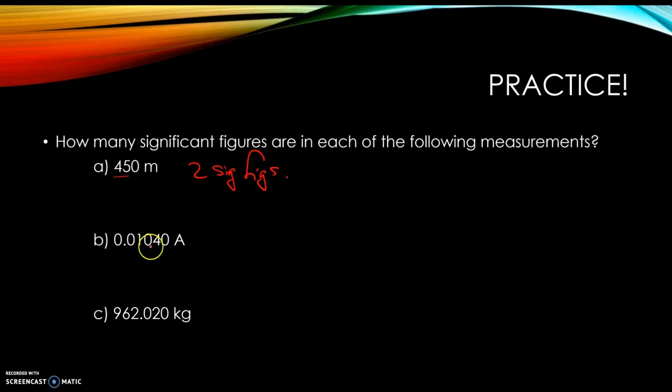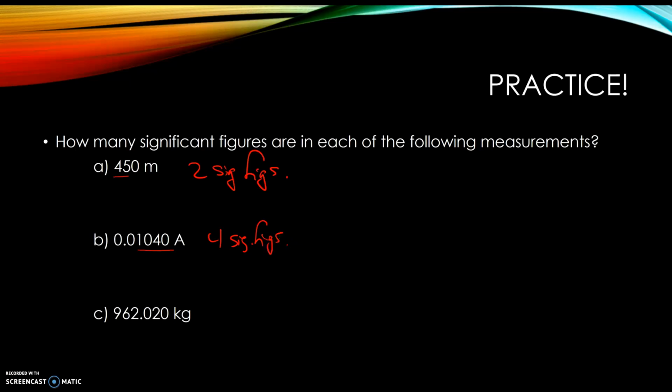This zero is in between two non-zero numbers, which are significant, so therefore this one's significant. This zero is at the end of a number, but it's also after a decimal. So again, look for this decimal. A zero at the end of the number and after a decimal, both have to be true, is significant. So in this one, the 1, the 0, the 4, the 0 would all be significant, and this would have 4 sig figs.